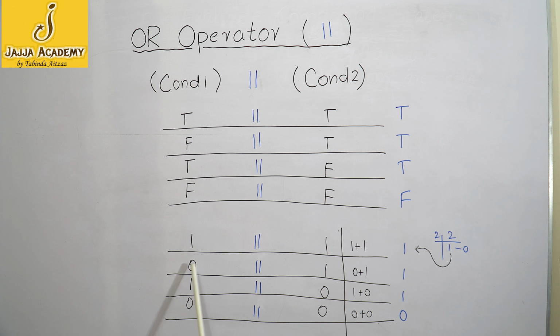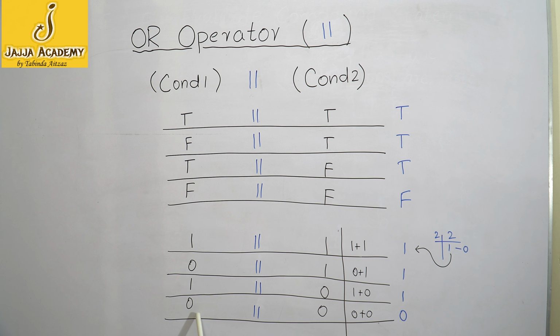Now, if condition 1 is false, false means 0, and condition 2 is 1, then 0 plus 1 is equal to 1. If condition 1 is true but condition 2 is false, then 1 plus 0 is equal to 1.